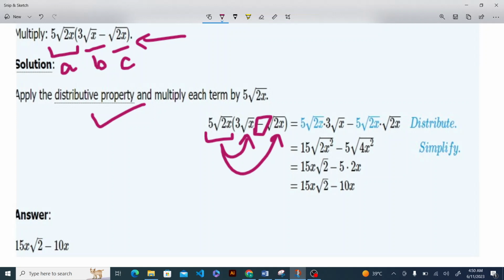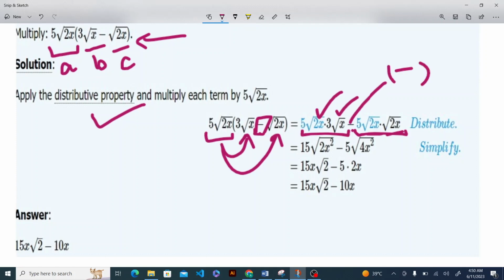Okay, minus sign. So simply the outside value will be multiplied with the first inside value, then the minus sign will come here the same, and then the outside value will be multiplied with the second inside value. Here the first multiplication is performed and here the second multiplication, and in between minus or subtraction is being performed.